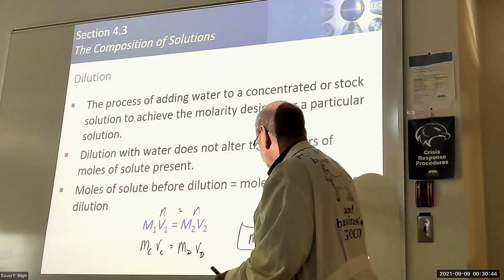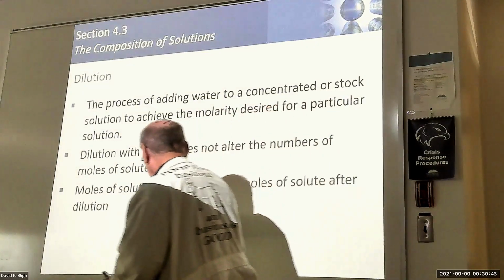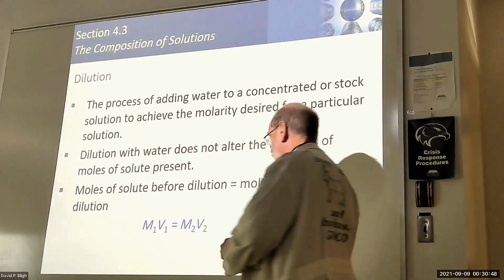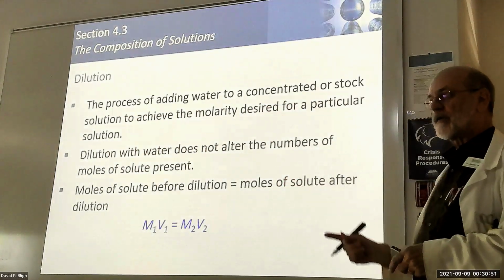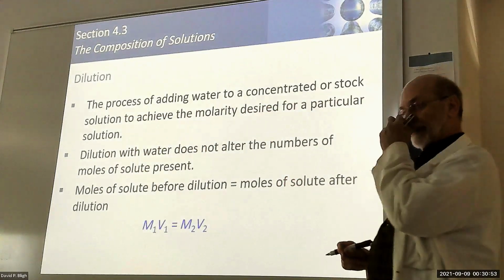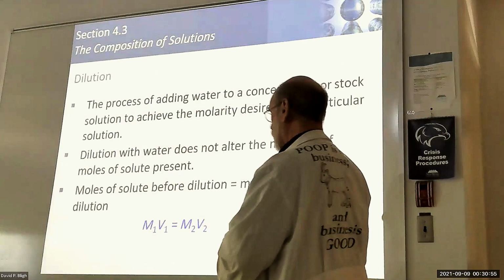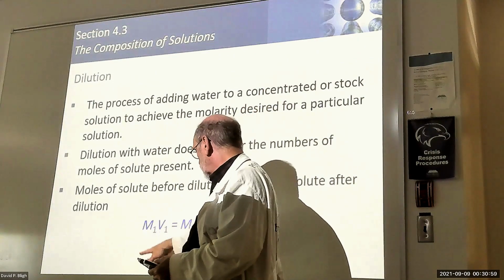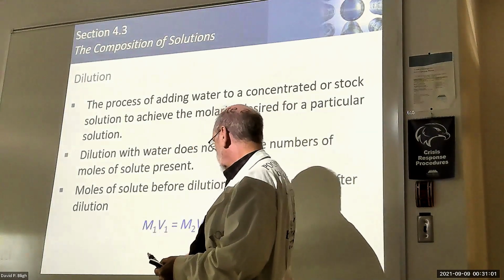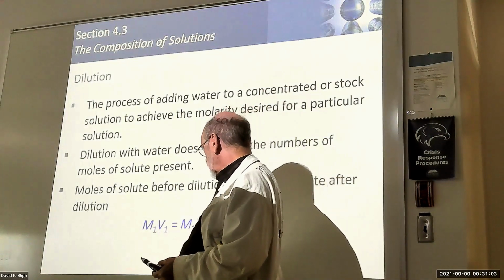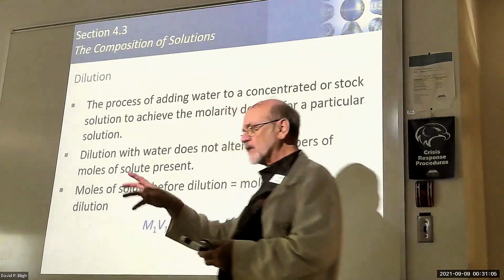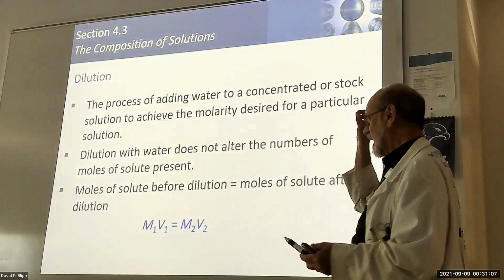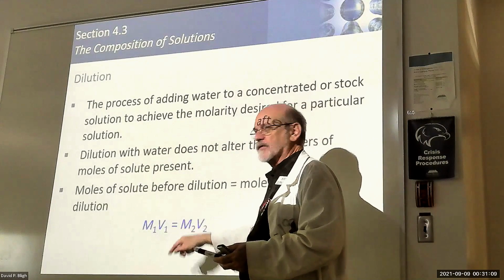And there again, it is an equation. So that means if you know 3 of those values, you can solve for the 4th one. So if we're going to dilute that concentrated solution, we know this one, we know that one, we know our final volume, solve for that one. That's how much we need to take out of the concentrated and dilute to this volume to give us that concentration.